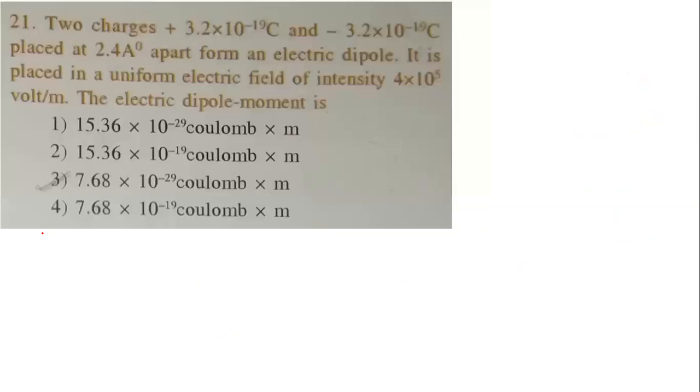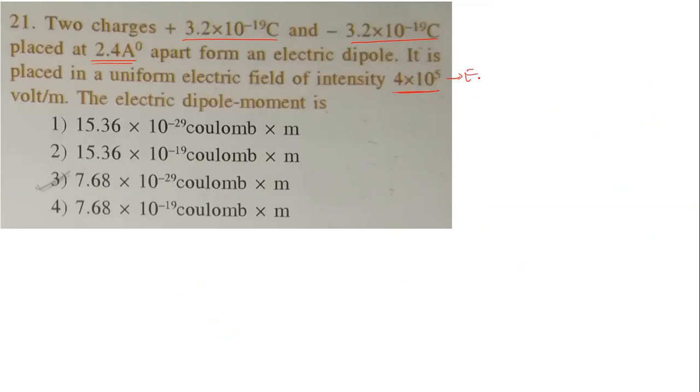Look here. Question number 21 is asking: there are two charges, 3.2 into 10 power minus 19 coulomb and minus 3.2 into 10 power minus 19 coulomb, placed 2.4 angstrom apart. So this is a dipole case again. The electric dipole is placed in a uniform electric field of intensity 4 into 10 power 5 volt per meter.